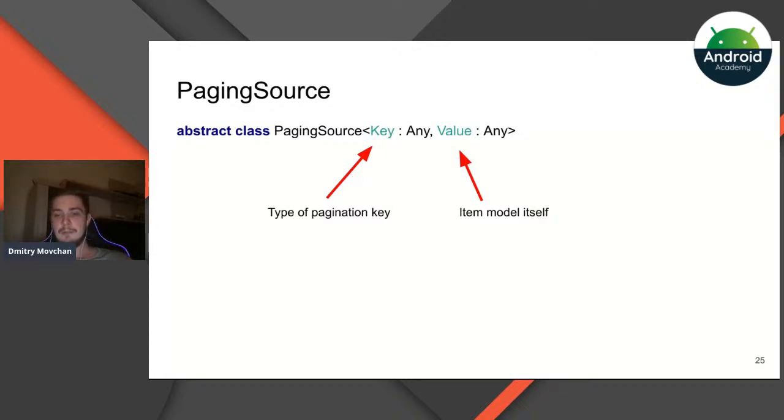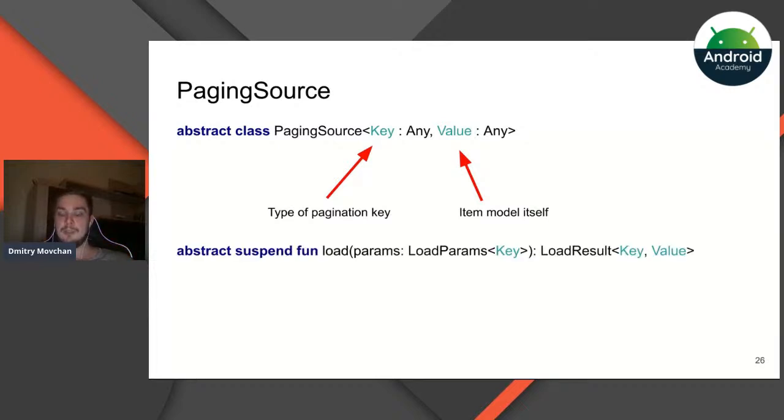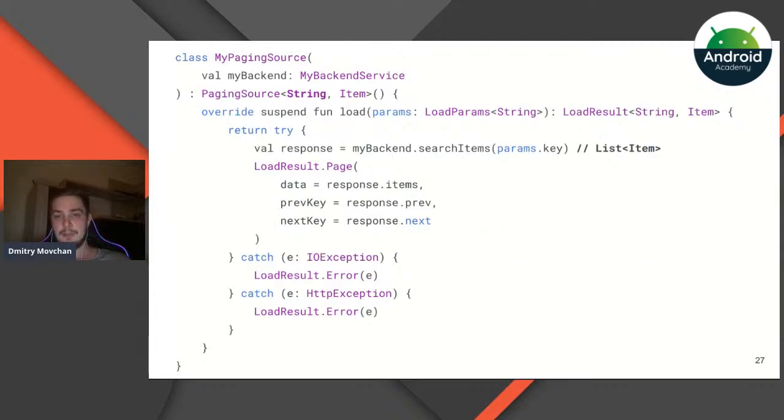And Value will be the item of the model that you use in the list. Also, the only one abstract function inside the PagingSource is load. It has the parameter LoadParams and returns LoadResult. Let's talk about these things more closely.